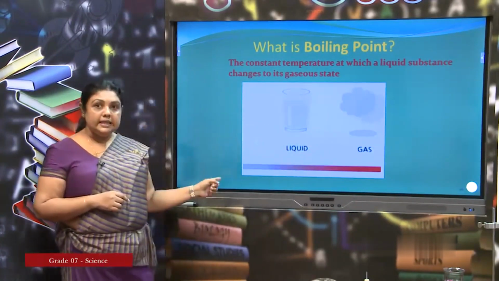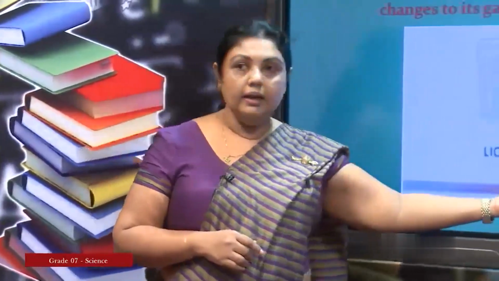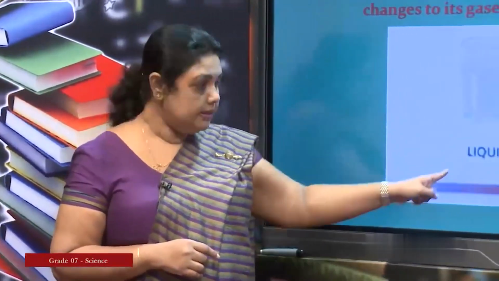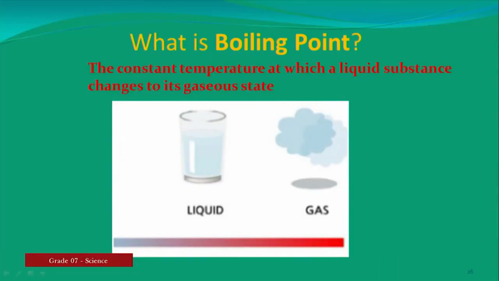If you can see this lower level line, it is blue in color, the blue shades off, and it turns into red. Red means hotter. So, what do you think? The liquid is cool. The gas of the same liquid is hotter than that. What does that mean?